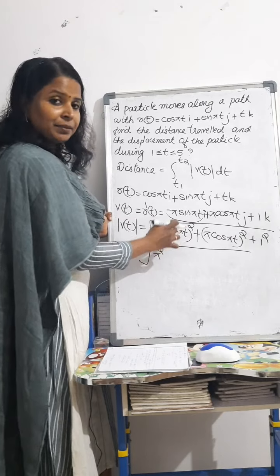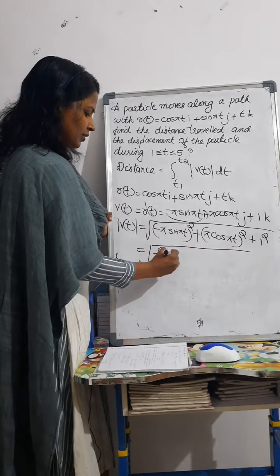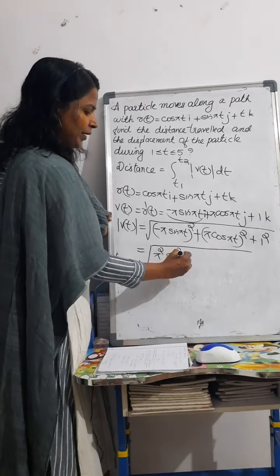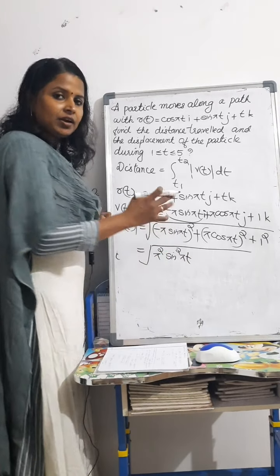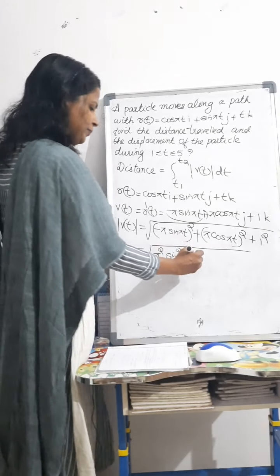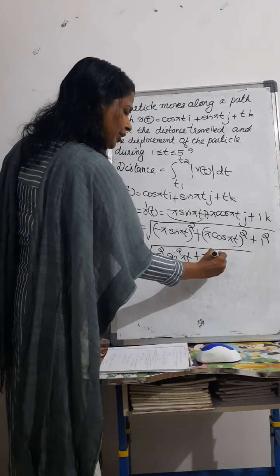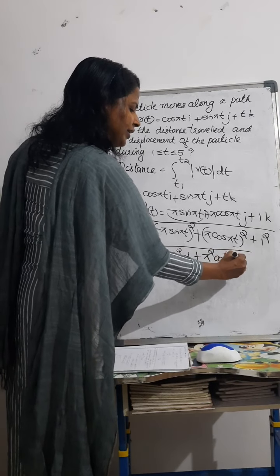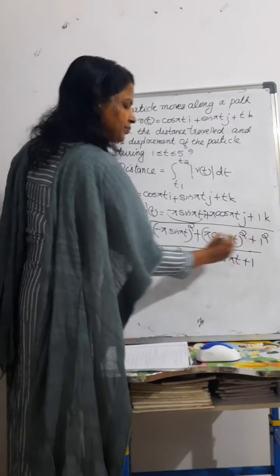Then sin pi t whole square is sin square pi t, plus pi square cos square pi t plus 1.